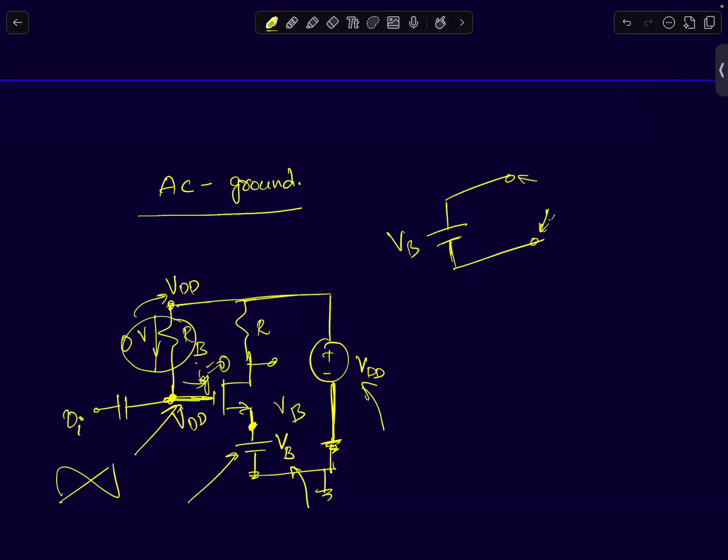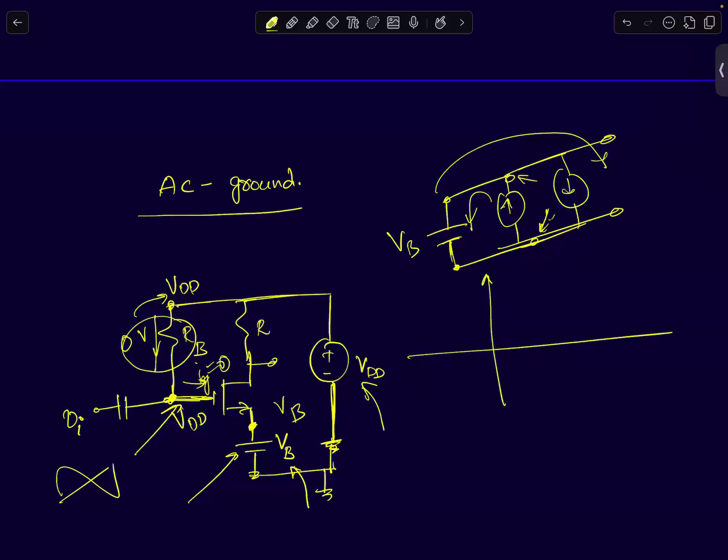No matter what the current, you can inject a huge current into this node and the voltage source will absorb it, or you can remove a huge current from that node and the voltage source will provide the current. But the voltage across the independent source will always remain constant. So that's why it's called an independent voltage source.